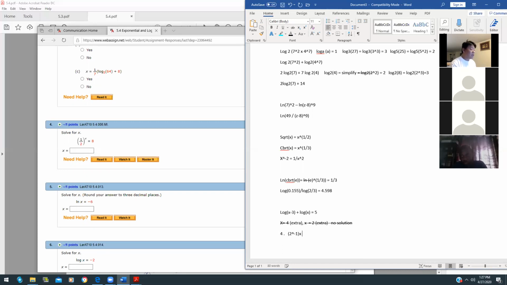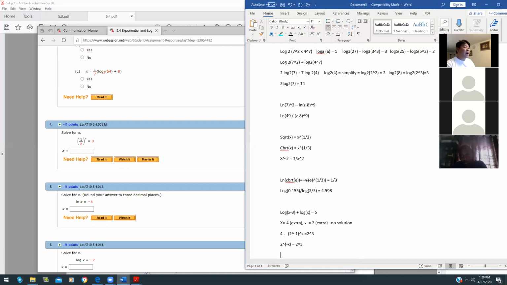This is x, equals 2 to the power of 3, because your 8 is 2 cubed. If you have a power to a power, we can multiply them. So this is 2 to the power of -x, equals 2 to the power of 3.